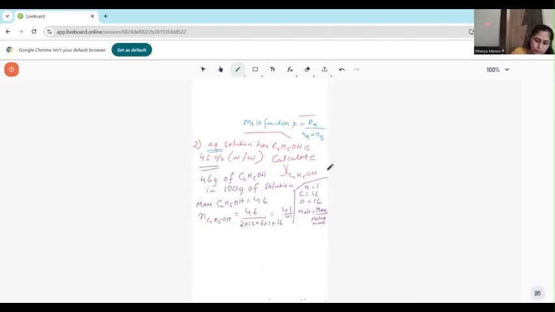Okay. Now students, we have a small problem here. We know only the mass of solution. Or rather I will put it in the form of a table so it's easy to remember.